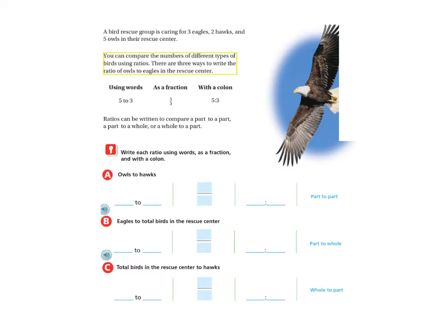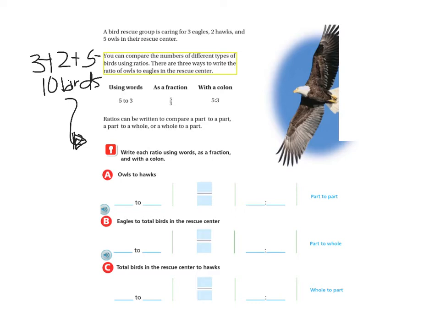I want you to think, how many birds are there all together? If you count those up, 3 eagles plus 2 hawks plus 5 owls equals 10 birds. And that's our whole. So that's going to come in handy when we work down here. When I talk whole, that means all of the birds together.